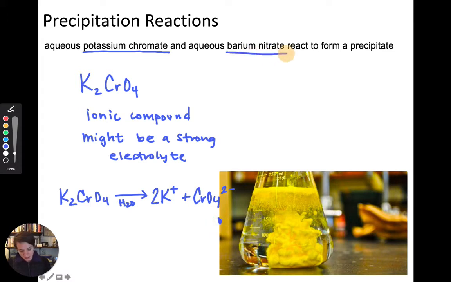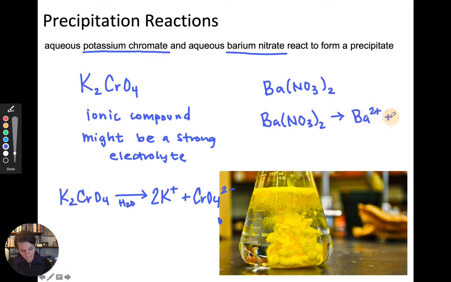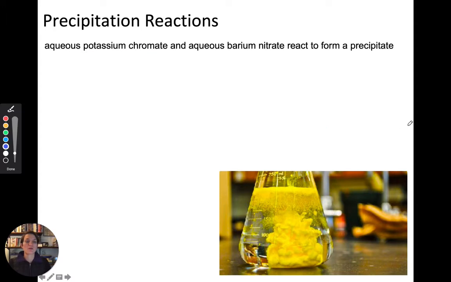Now, barium nitrate, you should be able to recognize, is also an ionic compound, which means it also could be a strong electrolyte, which means that that homogeneous solution at the molecular level contains two different species, the cation and the anion, interacting with water molecules.